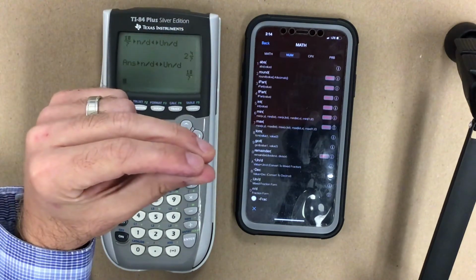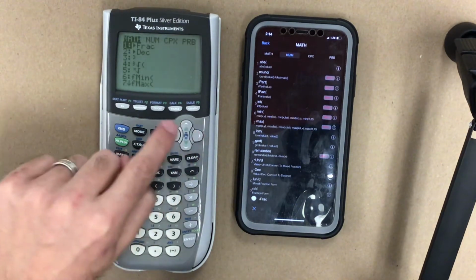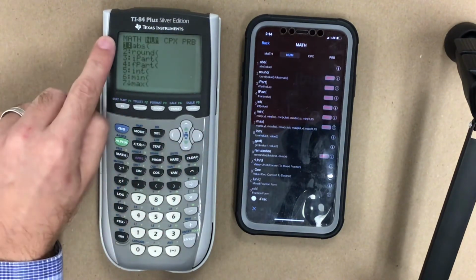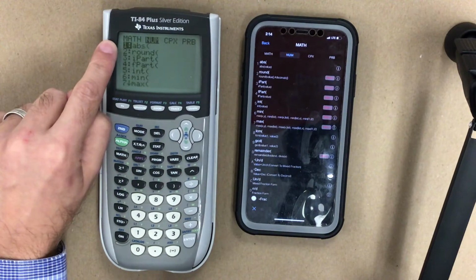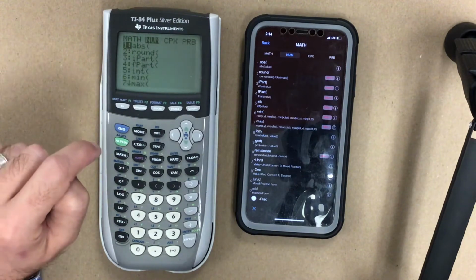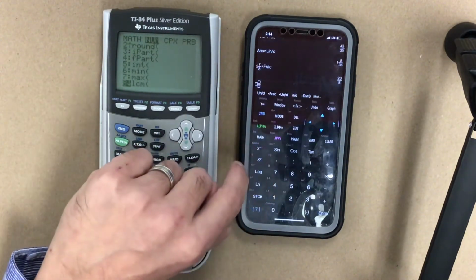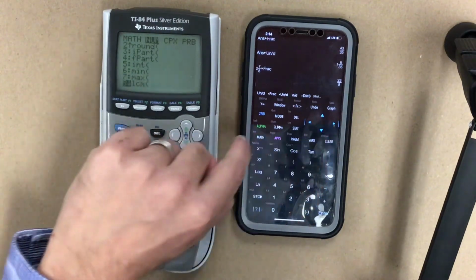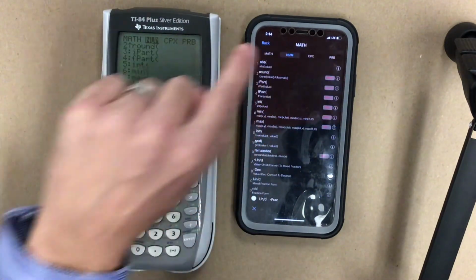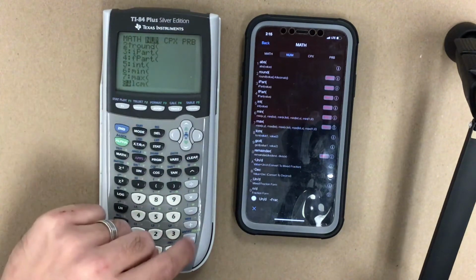Just like on the calculator, if I go to math and I head over to numbers, first of all, there's ABS for absolute value. But if I go on down, on the calculator and on the phone, I'm at numbers. Right here at number 8, LCM.